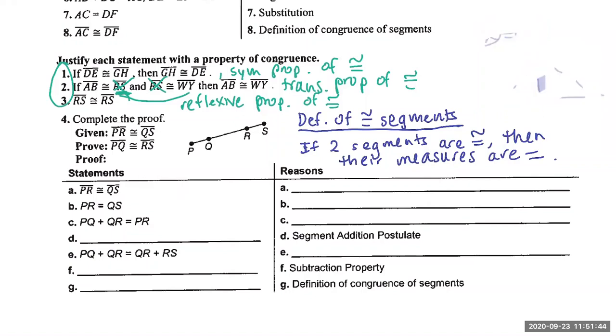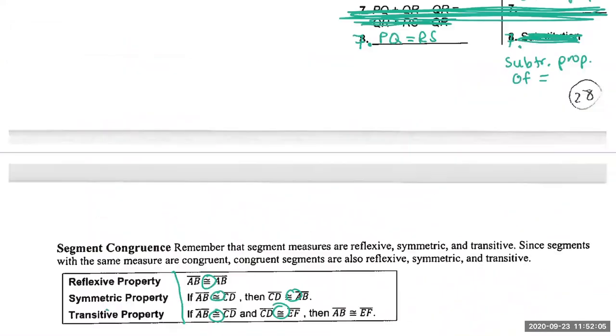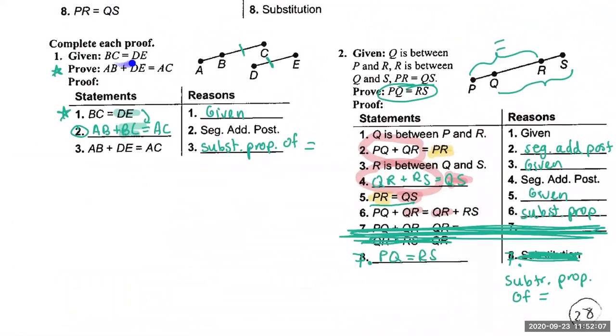Okay, so down below, you don't have to flip the page, but I want you guys to notice something. Here in your given and proof, you have congruent statements. Okay, congruence. And you have that little bar above that. So when we use the congruent statement, we do have to put the bars above it. If I scroll up, the 2 proofs that I've already done, they didn't mention congruence.